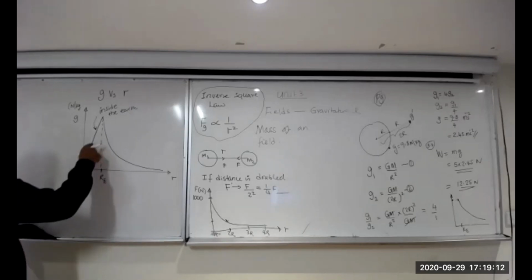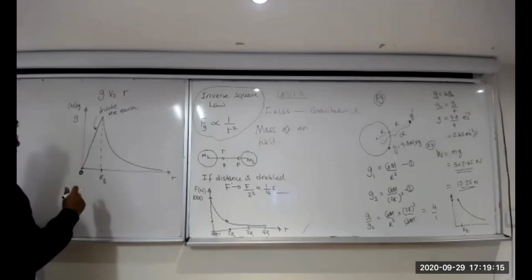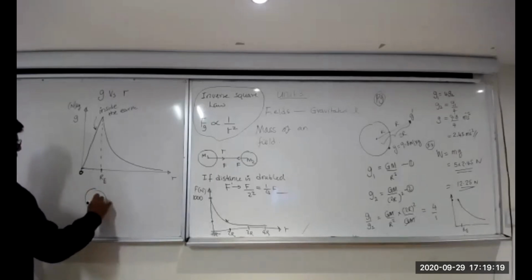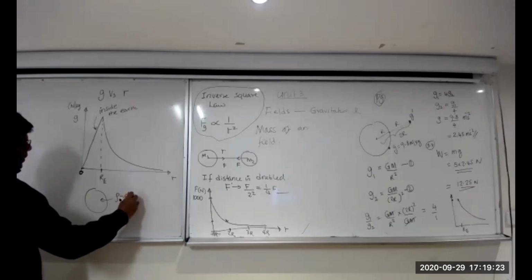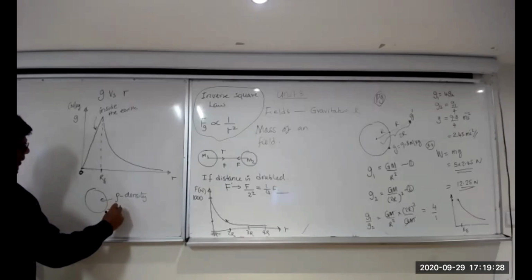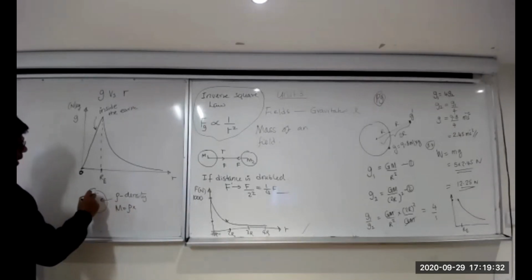If anyone wants to see why that's happening, you can work it out. Assume that the density of the Earth is uniform. So the mass of the Earth can be written as density times volume, because the effective mass is decreasing.